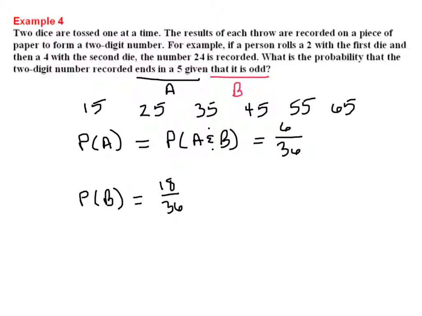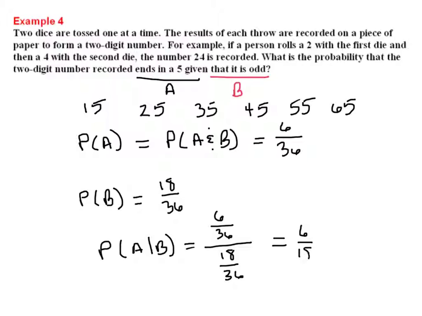So now the probability of A given B will be 6 out of 36 divided by 18 out of 36. That simplifies to 6 out of 18, or 1/3, 1 out of 3.